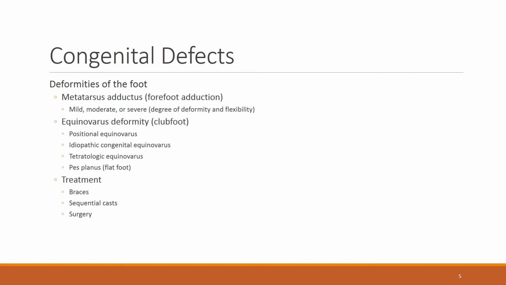Deformities of the foot are quite common in the pediatric population, such as metatarsus adductus, which is forefoot adduction. It can be mild, moderate, or severe, depending on the degree of deformity and flexibility.